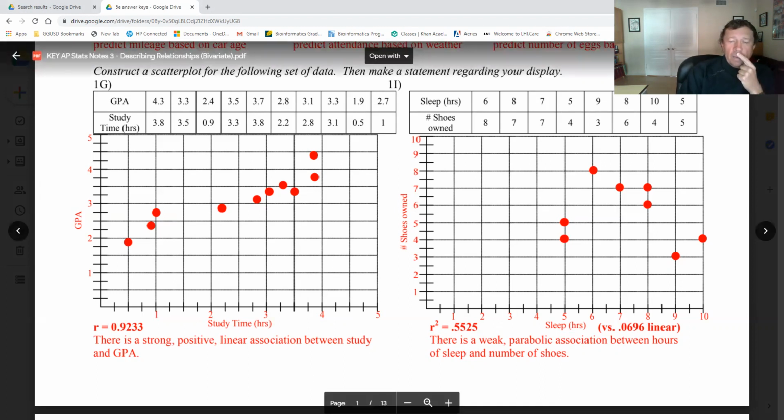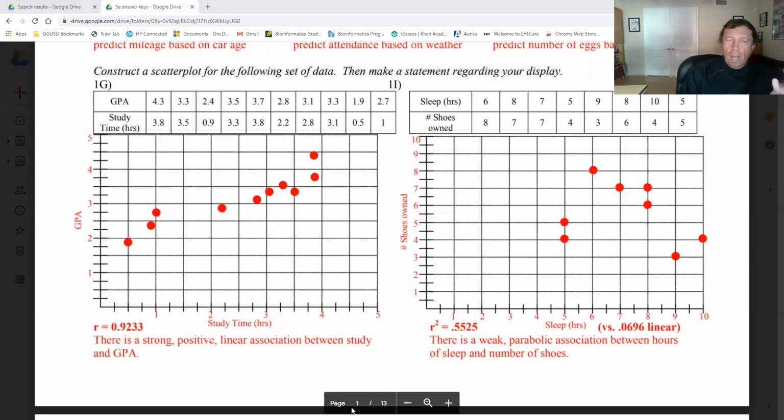This is a little different, because remember I told you I don't really know which one's explanatory and which is response. So let me just do it the other way. Let's go STAT, CALC, 8, and I'm going to tell it L4, comma, L3. So I'm going to switch explanatory and response, because I just don't see a connection between shoes owned and sleep.